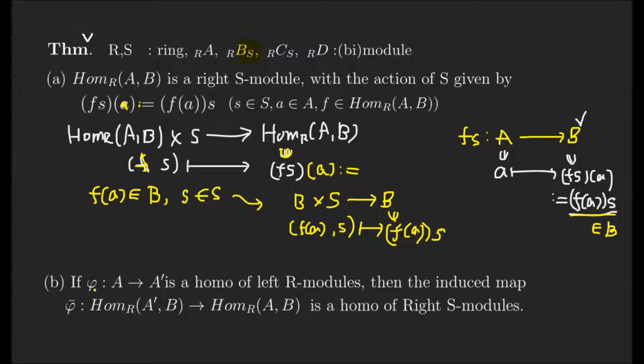Statement B is here. If phi from A to A' is a homomorphism of left R-modules, then the induced map, which we clearly defined in the previous lecture, is a homomorphism of right S-modules. This means, because this is a right S-module, we can check the two properties.